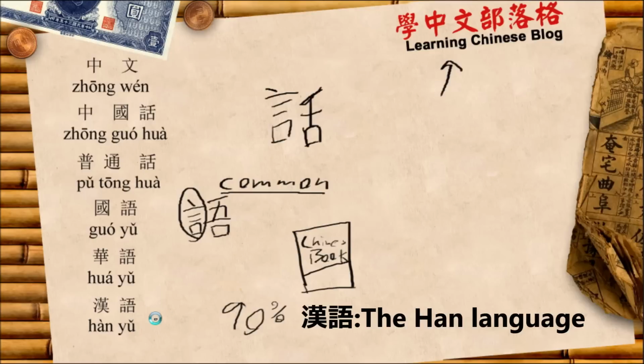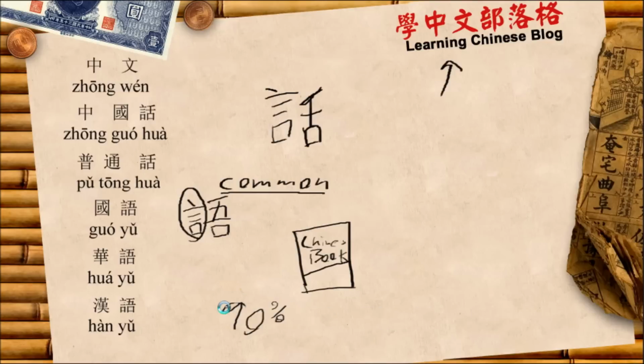So is there anything special about Hanyu versus any of these other ones? Another usage is that you can see on your dictionary it would say Hanzi. 字 means characters, right? Okay, I remember now.